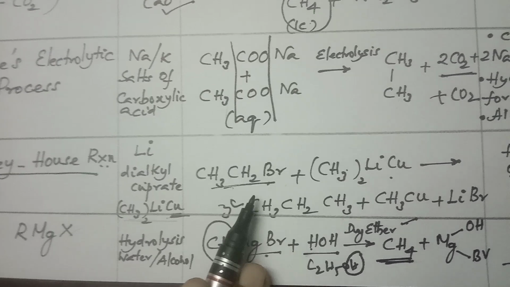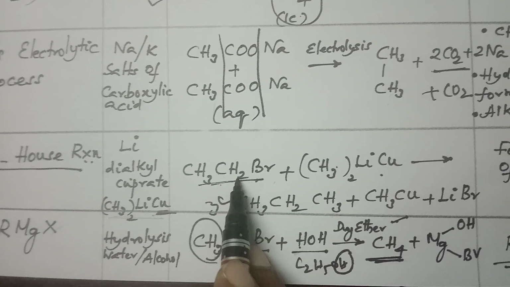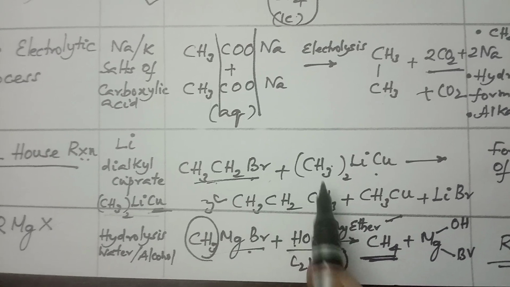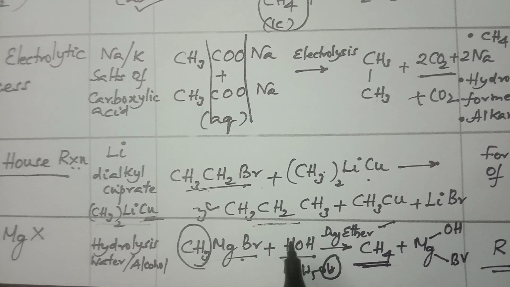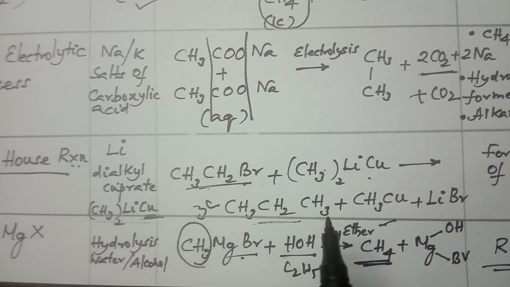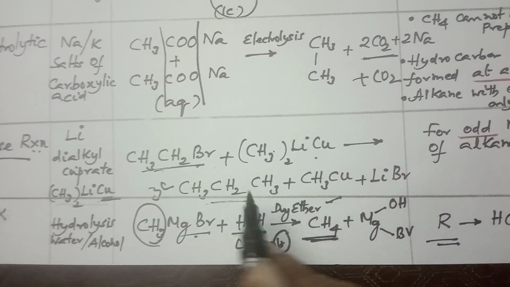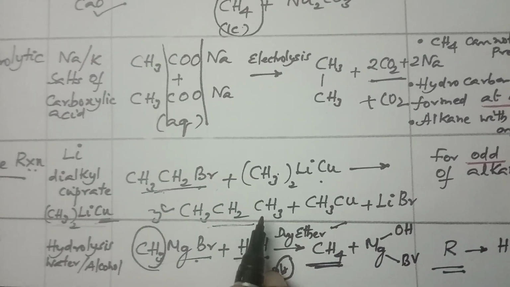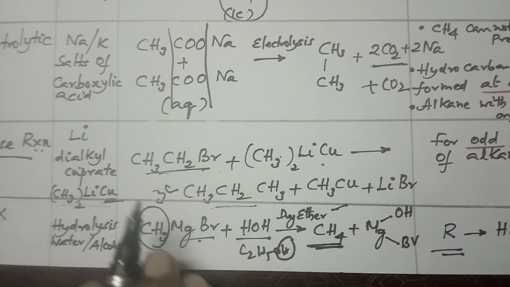Starting with the alkyl halide with 2 carbons, plus 1, 2 plus 1, 3, you get a hydrocarbon with 3 carbons. Here it is the example for preparation of an odd number of carbons. Because always we are telling that Wurtz is available to prepare even numbers, and to prepare odd numbers it is the Corey-House reaction. That is the specialty of this reaction.